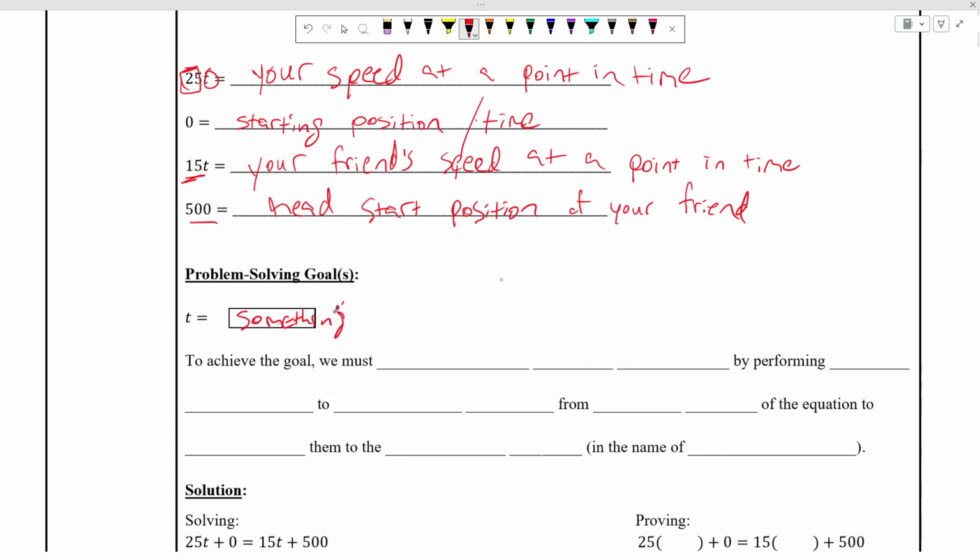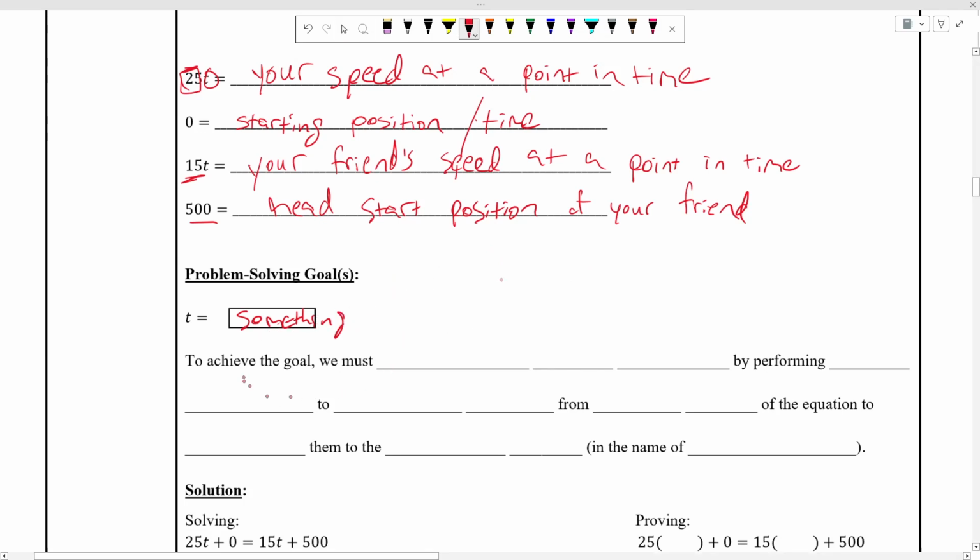But t equals something, variable equals something. That's sort of our whole goal in equation solving, is to isolate, to get it by itself, and everything else on the other side. Okay, no problem here.